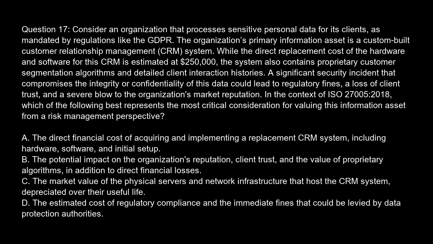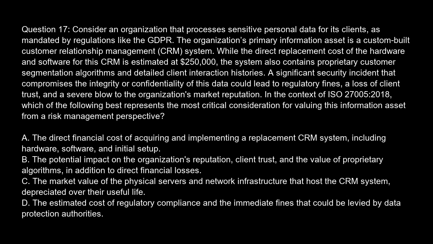In the context of ISO 27005/2018, which of the following best represents the most critical consideration for valuing this information asset from a risk management perspective? Option A. The direct financial cost of acquiring and implementing a replacement CRM system, including hardware, software, and initial setup.